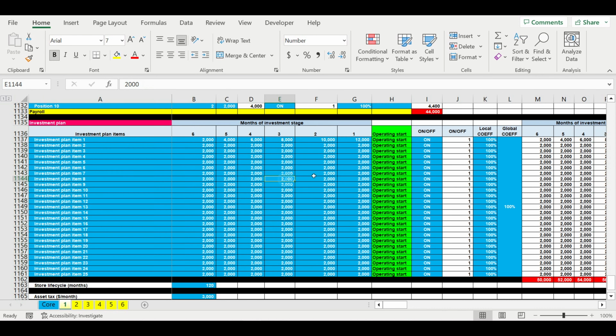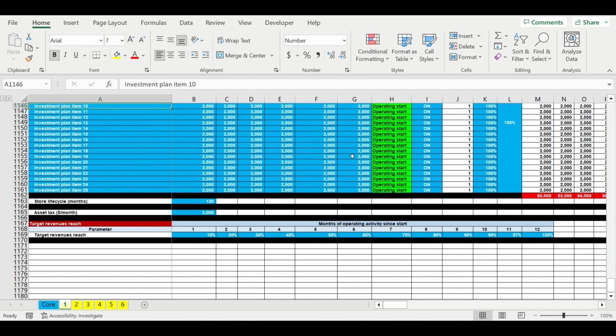We have global and local coefficients here, and on and off buttons for specific items we are investing in. All that will be necessary during scenario modeling. Then we can also specify the life cycle for the store. For example, if we assume that some stores will generate losses, we will have to close them after some period of time.